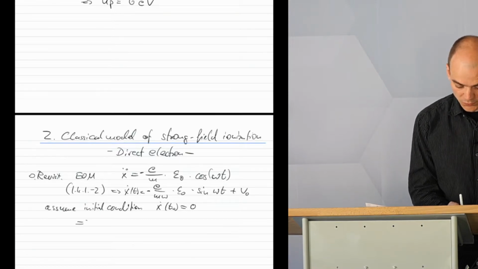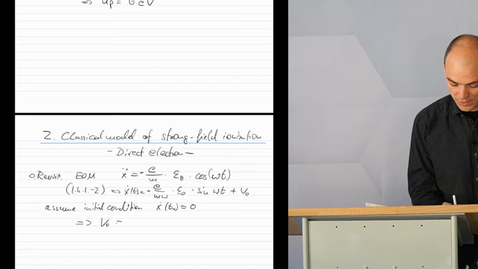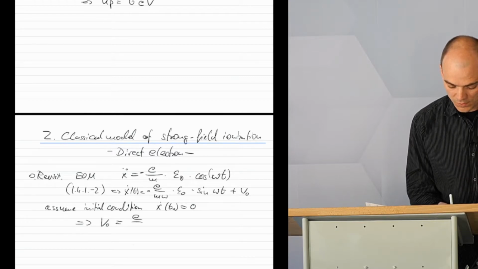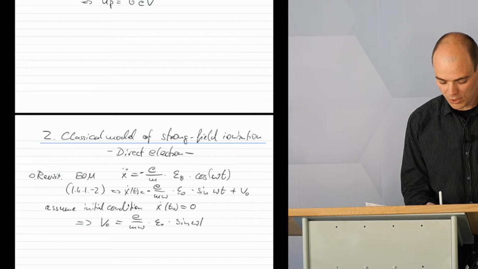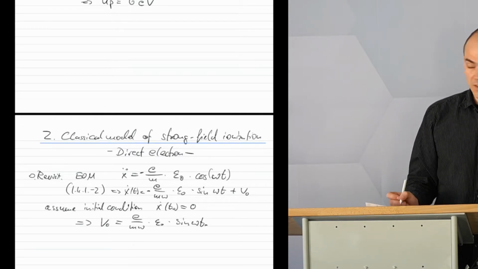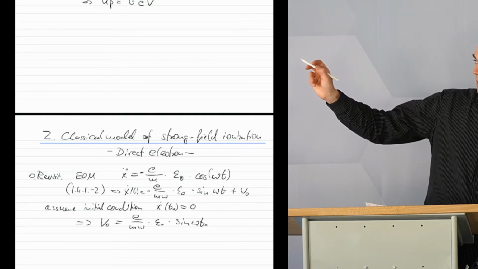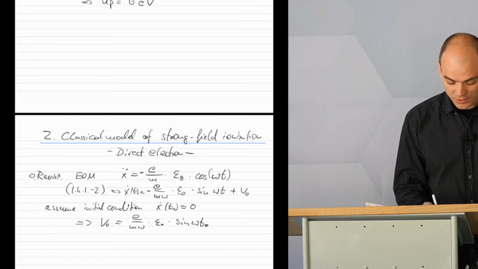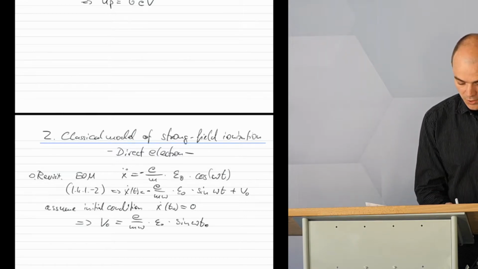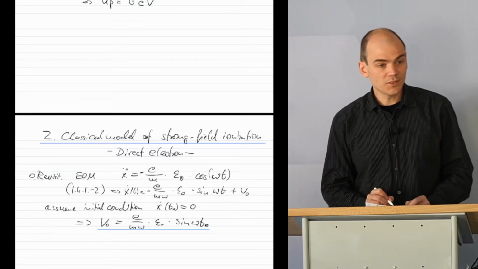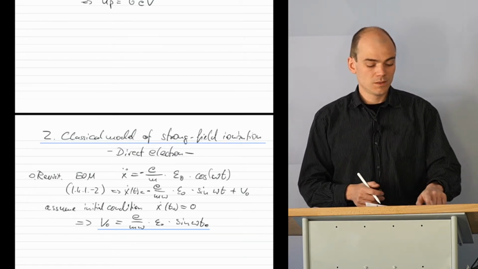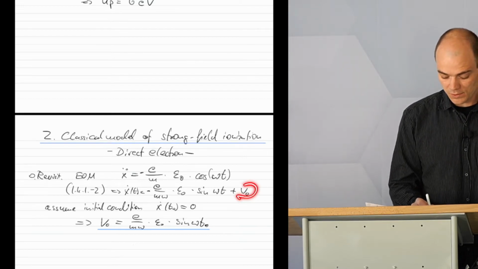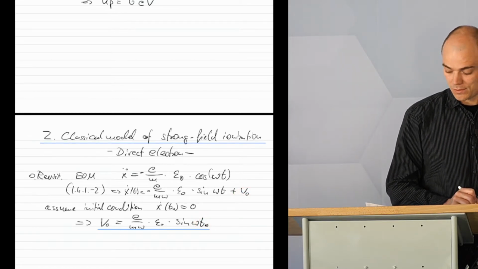Then we find for v naught that it equals E over m omega times E naught times sine omega t naught. Now you see that this value actually depends on this initial time t naught. So the constant velocity offset depends on the initial time that we choose.